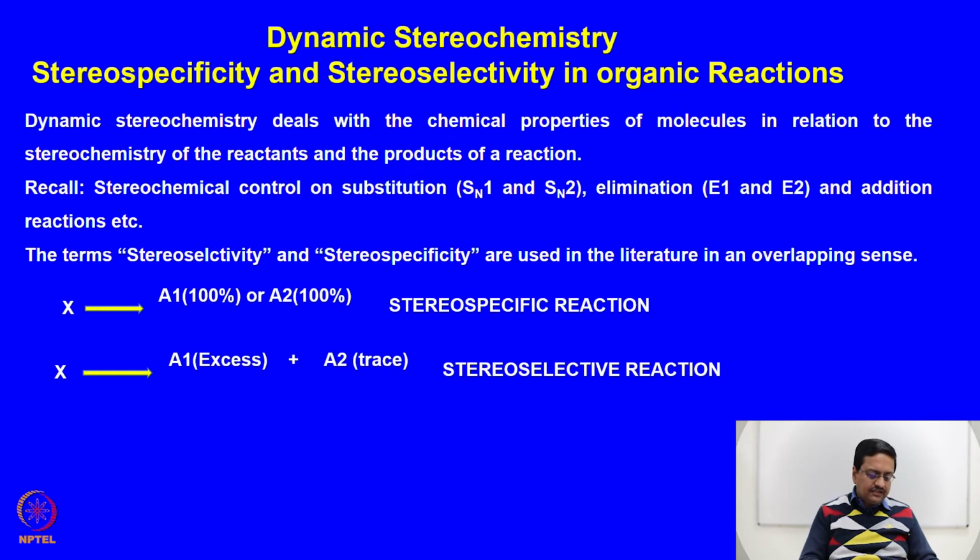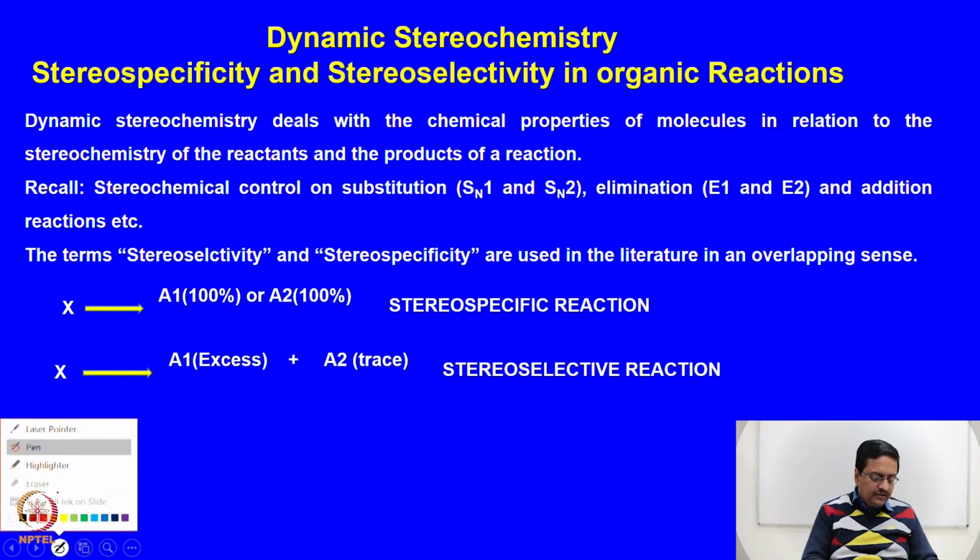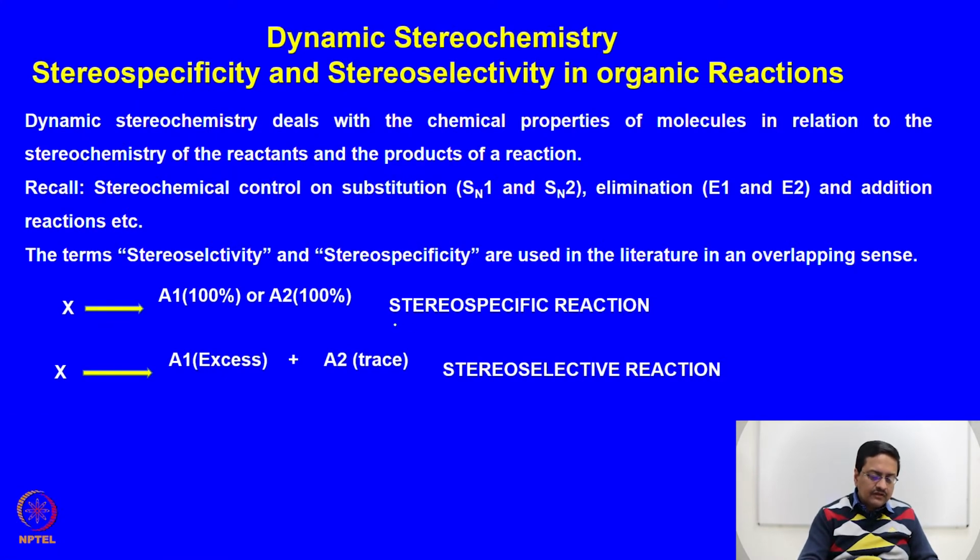That reaction is called a stereospecific reaction. That means only one specific compound, A1 or A2, is formed and the other one is not formed.